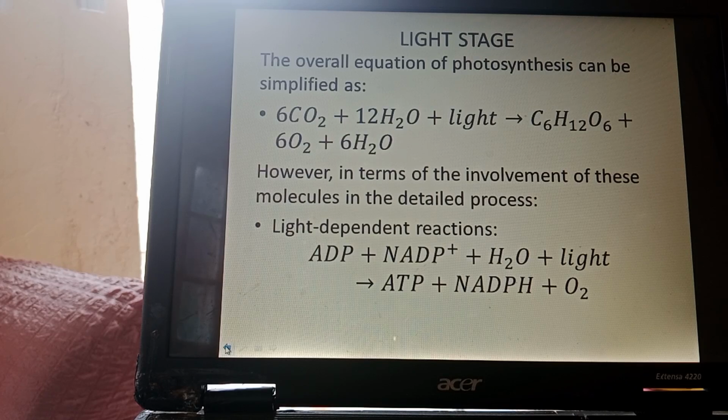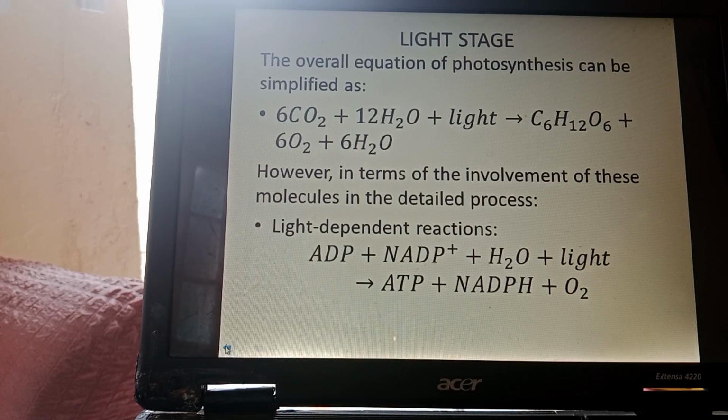However, in terms of involvement of these molecules in the detailed process, light-dependent reactions: ADP plus NADP plus water in presence of light energy gives you ATP plus NADPH plus oxygen.